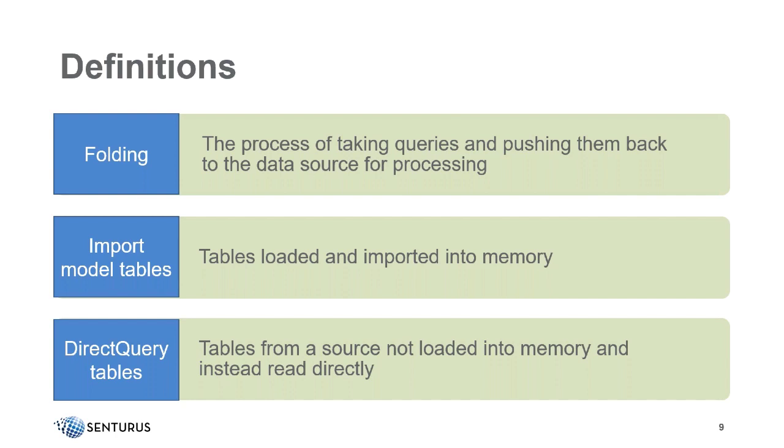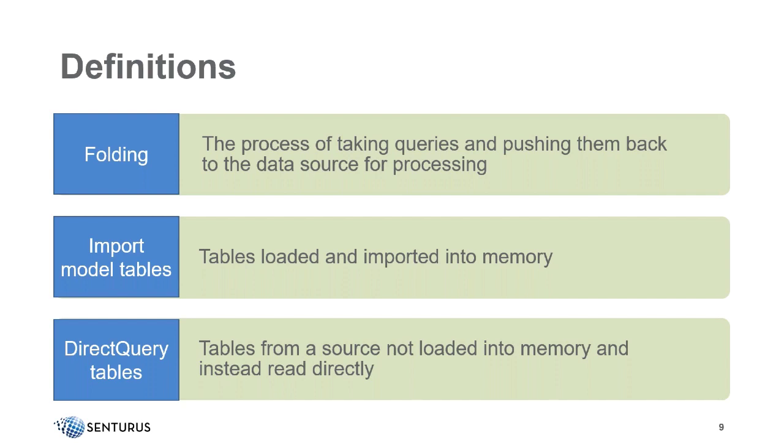There are certain things that you have to have import tables for, and import tables are tables that are loaded into memory, and there are different transformations, different DAX functions, different M functions that can be done against import tables versus direct query tables. Direct query tables are tables that are loaded from the source.